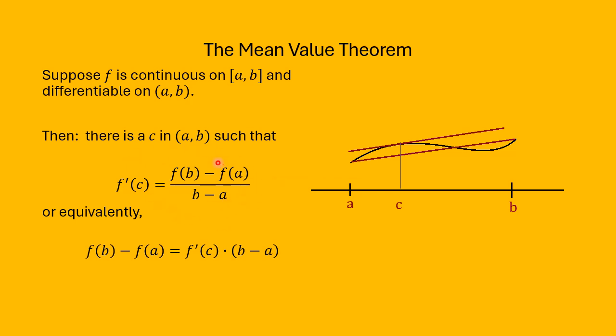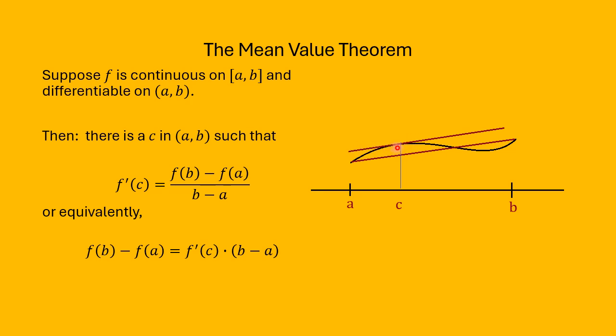This equation can be written equivalently as f of b minus f of a equals f prime of c times b minus a. Here's a picture of the situation. This curve right here is y equals f of x. If we join a, f of a, this point right here, with b, f of b, which is right here, by a straight line segment, then there is some number c between a and b, such that f prime of c, remember, can be geometrically thought of as the slope of this f of x curve at c.